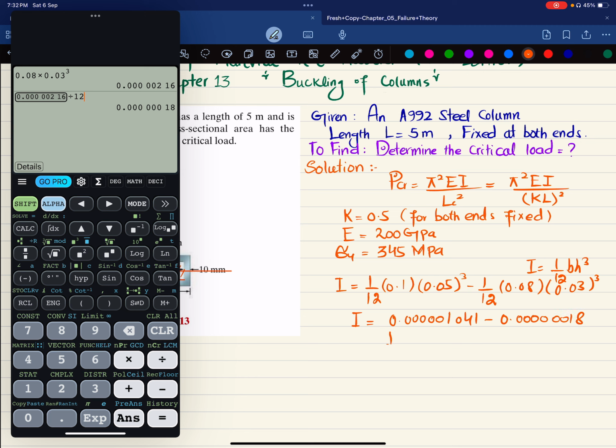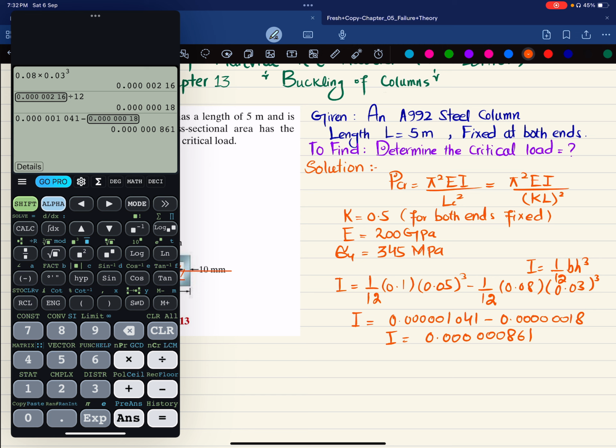So I will be equal to 0.00001041 minus this answer, which will be equal to 0.0000861.